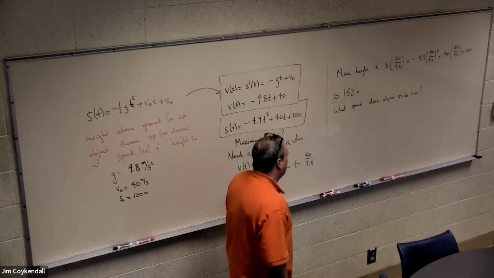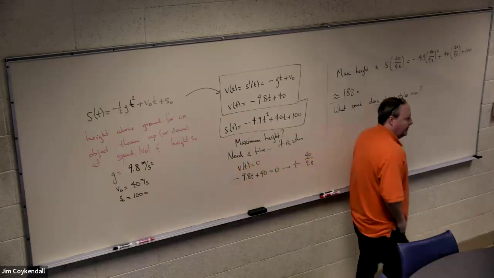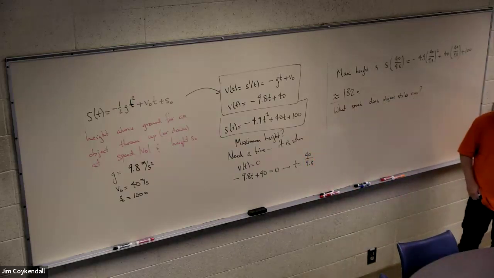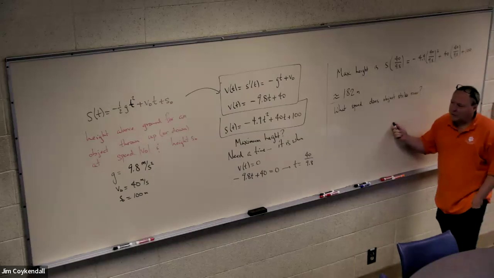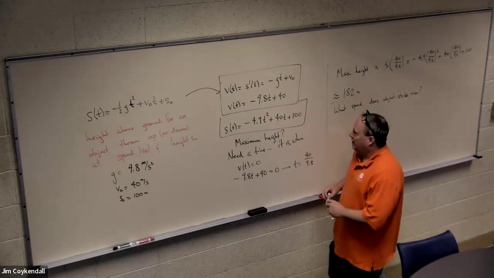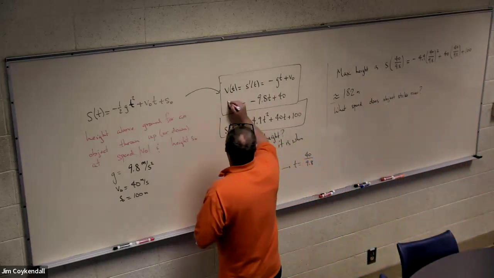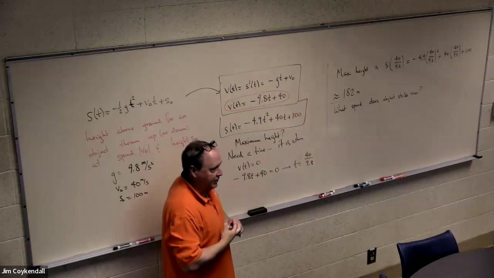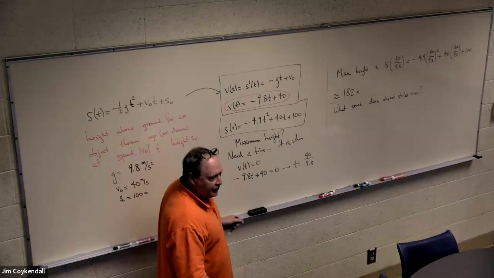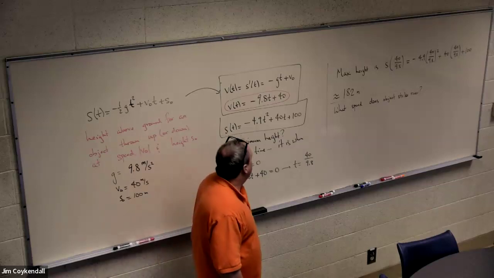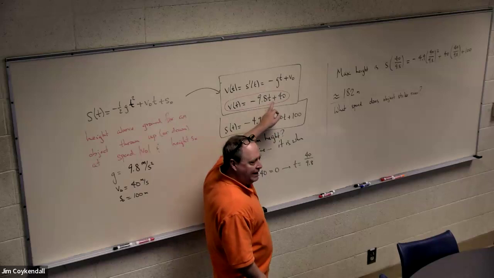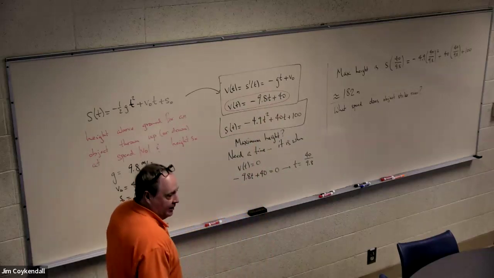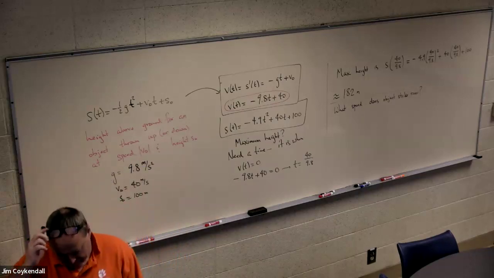What's the equation that's going to give us speed? So the equation we're going to need to use is this one right here, because this is the equation that tells us what velocity is. We've got the same problem that we had before, but what do we need? We need a time to plug in. How do we get the time?